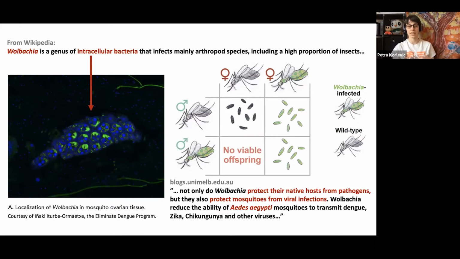Dengue, Zika, chikungunya just do not grow as efficiently, which effectively gets rid of the disease part, but still keeps the mosquito, at a somewhat lower efficiency because you do have less viable offspring in the end. As I said, this is Aedes, however, it is being trialed and researched also in malaria mosquitoes.